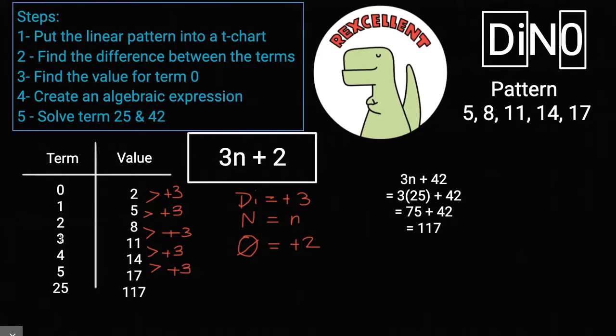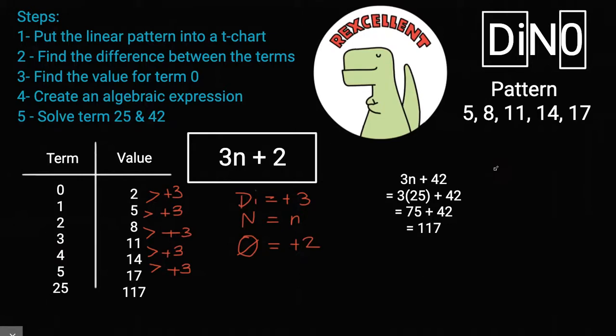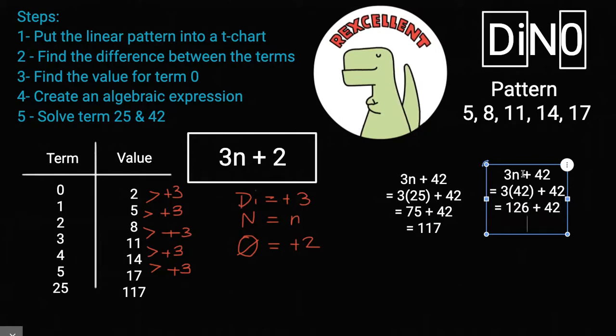Awesome. So now I want to solve for term 42. I'm going to do the same thing. I'm going to grab a text box, and in my text box, I would put in my expression first, 3n plus 2. And then I would have an equal symbol, 3 times, because I'm searching for the term 42. And then I'm going to start solving. 3 times 42 is 126 plus 2.